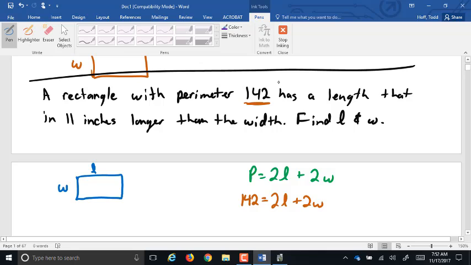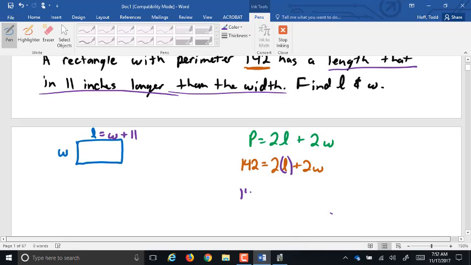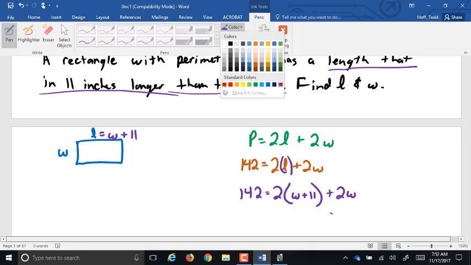There's got to be a relationship given between them, and that relationship that's given is, okay, so how do we write that out? L equals W plus 11. So what that means is right here, where there's an L, we're going to replace that with W plus 11. And now we can solve that equation.